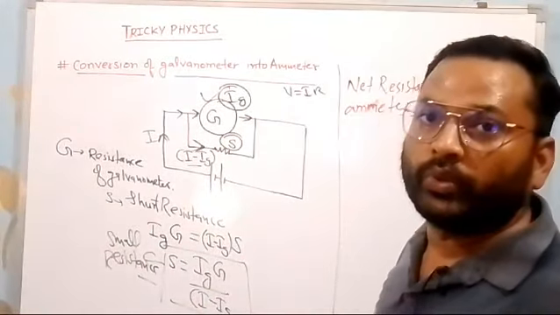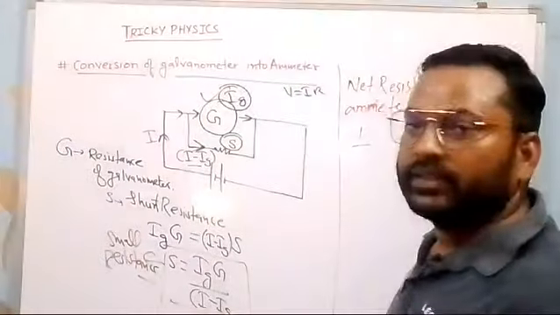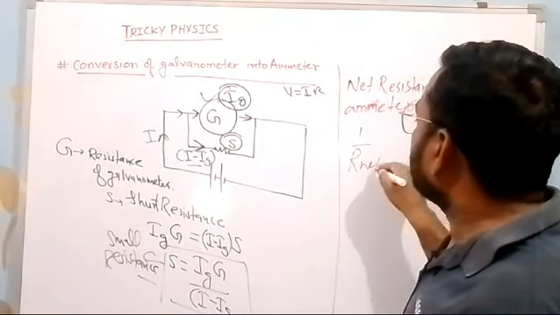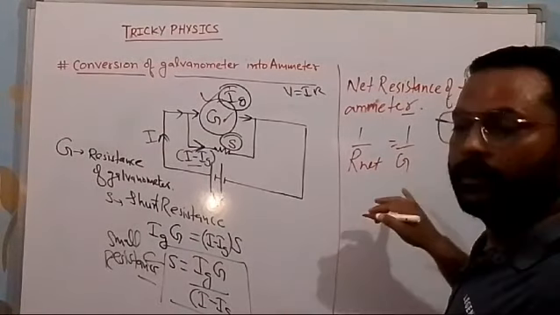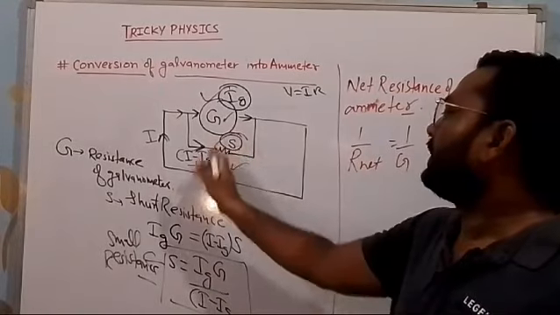From the 10th class concept, 1 by R net in a parallel arrangement is equal to 1 by G, the resistance of the galvanometer, plus 1 by S, the shunt resistance.